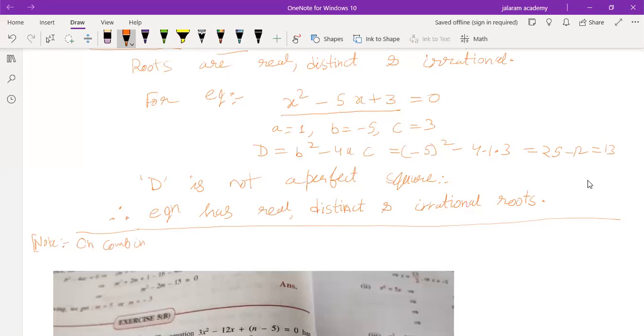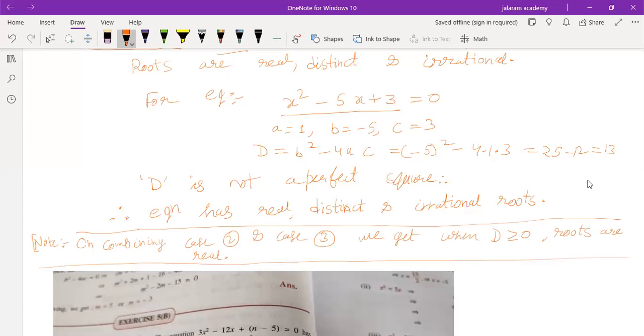On combining case 2 and case 3, we get: when the discriminant is greater than or equal to 0, either greater than 0 or equal to 0, roots are real. Okay, is that clear to you? So when the discriminant is greater than or equal to 0, roots are real.